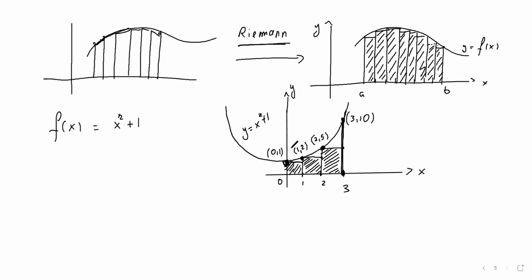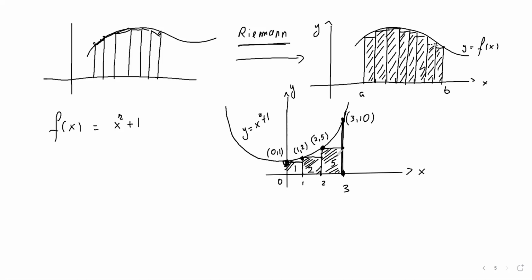So folks, these are the key points. And now I'm going to write the numbers for these areas. Height 1, base 1, so the area is going to be 1 here. Over here, height 2 and base 1, the area is going to be 2. And over here, height 5 and base 1, and the area is going to be 5.